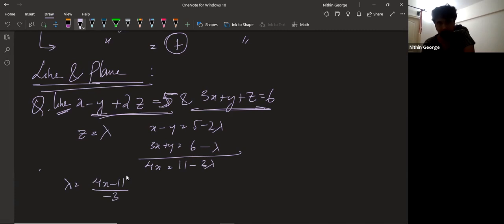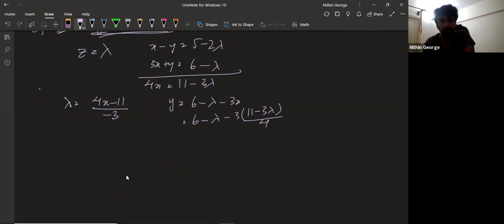Okay, I can find x basically from this. That's the idea. Next, to find y, what do I do? y is 6 minus lambda minus 3x. So here 6 minus lambda minus 3 into x, where x is 11 minus 3 lambda divided by 4. Bring that in.